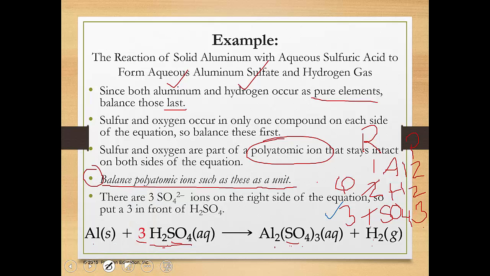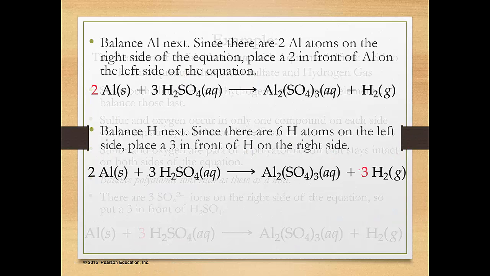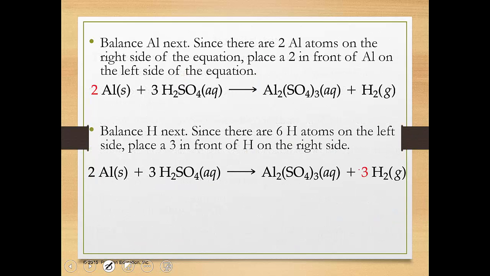We still are looking at the hydrogen and the aluminum. Let's see what we do next with those. Let's get our running total going here. We had aluminum, hydrogen, and sulfate, and we are currently up to 1, again ignoring the red number, 1 of those, 6 of these, 3 of these, and then on the product side we have 2 aluminums, 3 sulfates, and 2 hydrogens.